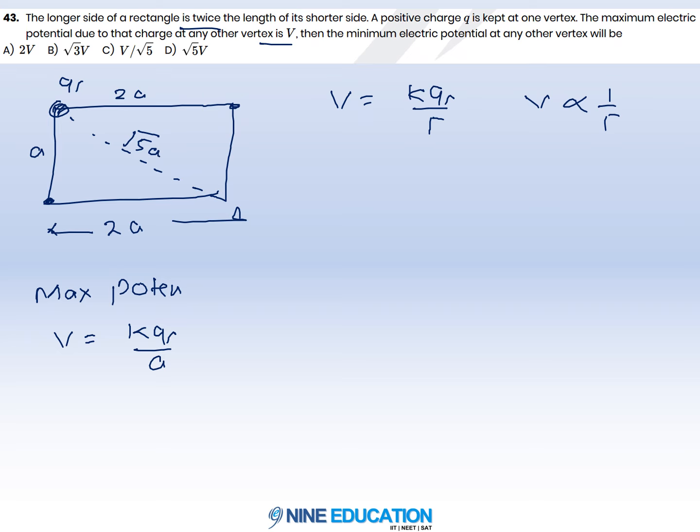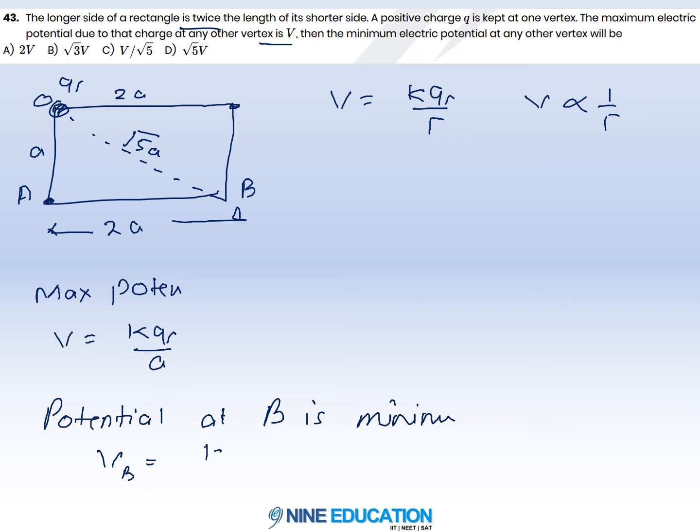So potential at B is minimum. What is the potential at B? We can write KQ upon under root 5A. So what we are getting is V by under root 5. So this option is correct. All right, moving to the next question.